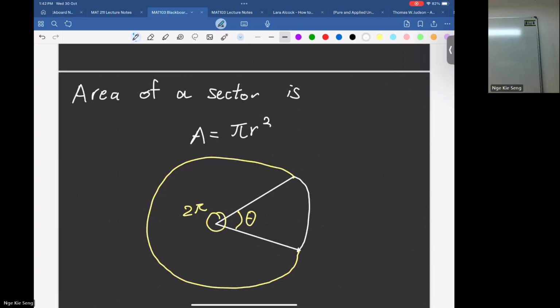If for the whole 2 pi angle you have pi r squared, and I'm asking for just pi, we should set up this equation: 2 pi corresponds to pi r squared, and I'm asking for pi.